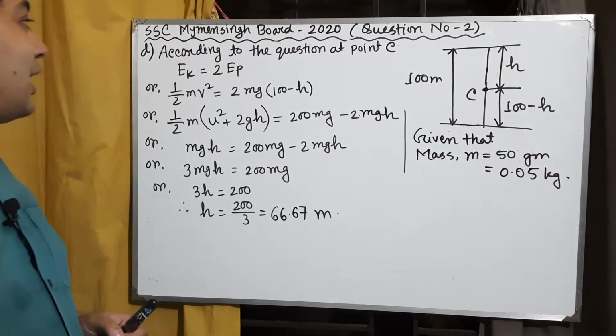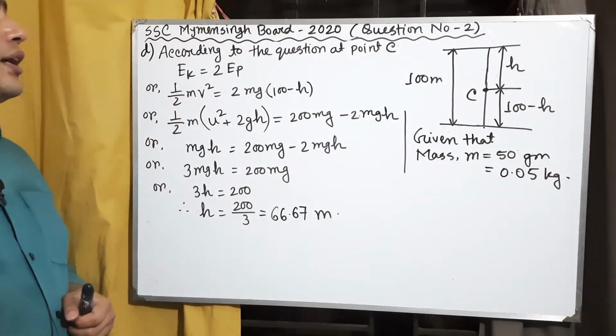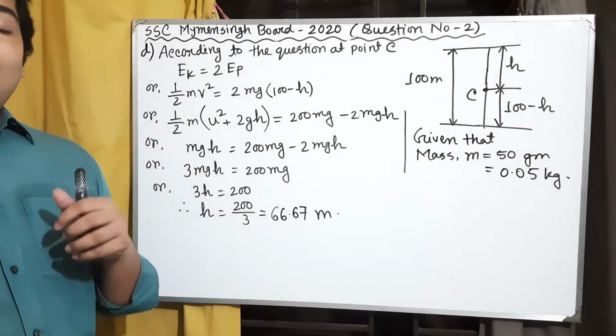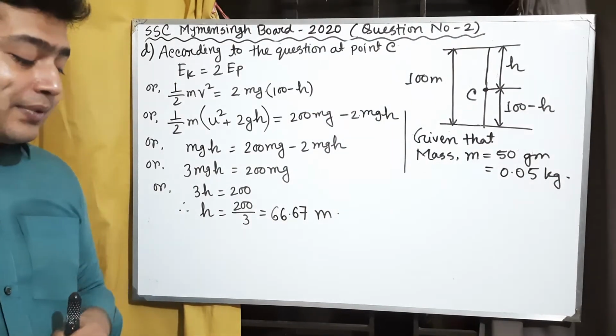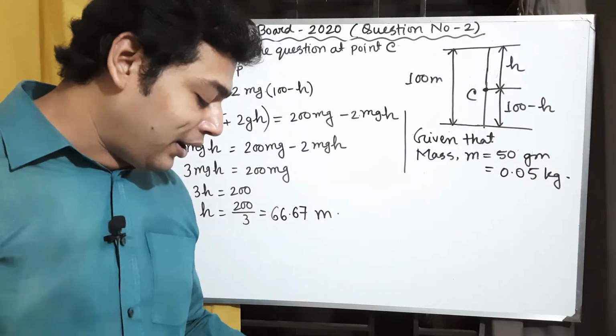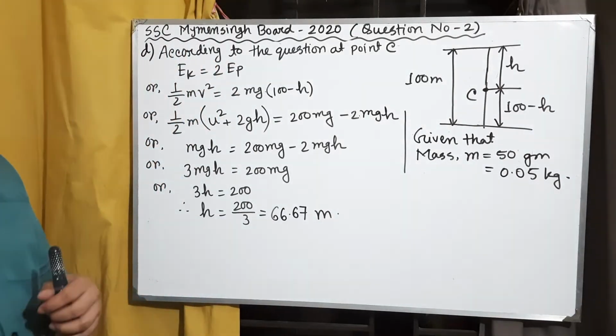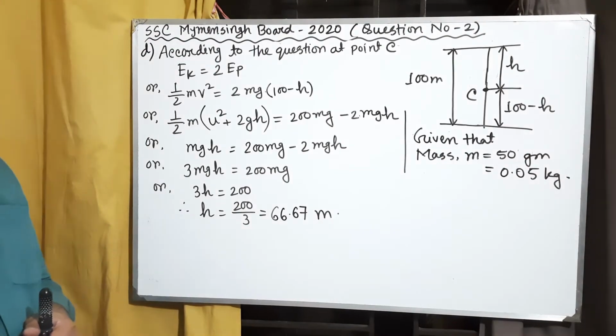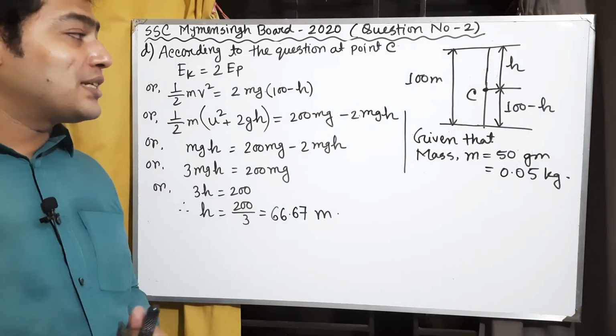Okay, now according to the question at point C, here in scenario 2 we are given that at point C the kinetic energy will be double the potential energy.